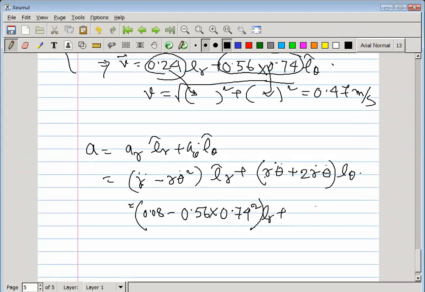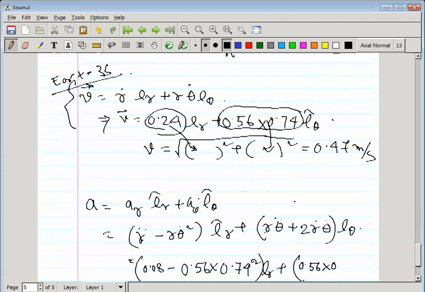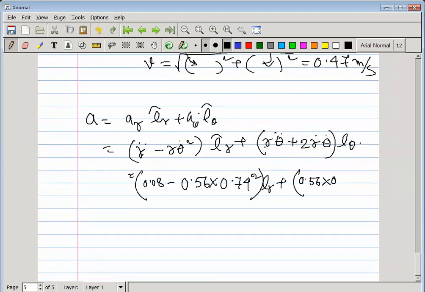Squared, er, plus r is 0.56, theta double dot is 0.36, plus 2 r dot, r dot is 0.24, and theta dot is 0.74, e theta.